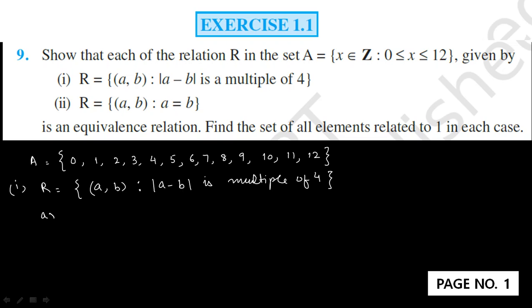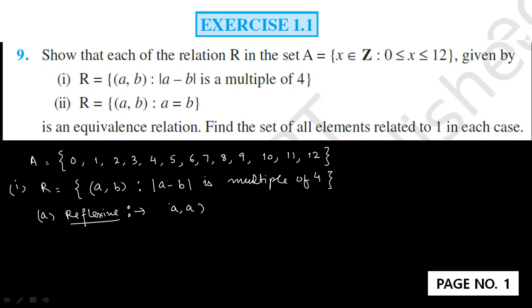Now first part, to represent that this relation is an equivalence, first is reflexive nature. Now what about the reflexive characteristic (A, A)? The second value should be A itself.